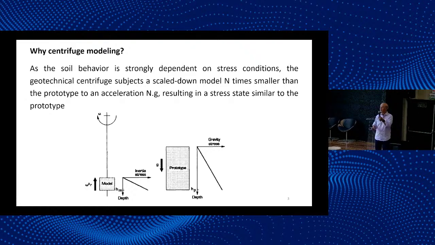So, as I was saying, the soil behavior is strongly dependent on stress conditions. So if you do a 1G model, the stresses involved are quite low. The principle of centrifuge modeling is to submit an n times smaller model to an N G acceleration.